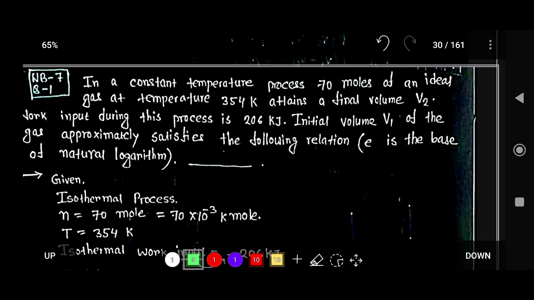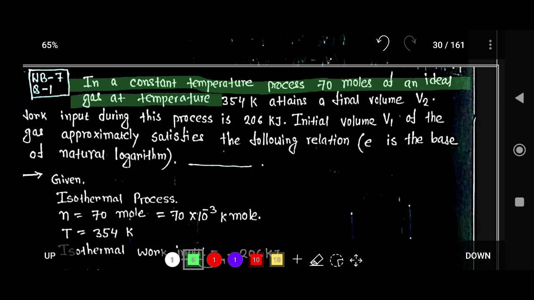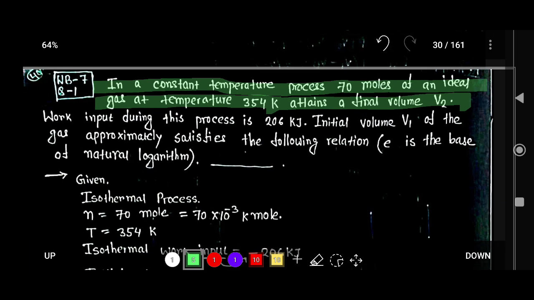Here in a constant temperature process, 70 moles of an ideal gas at temperature 354 Kelvin attains a final volume V2. Next, work input during this process is 206 kilojoule.